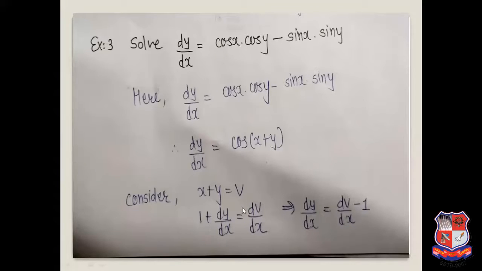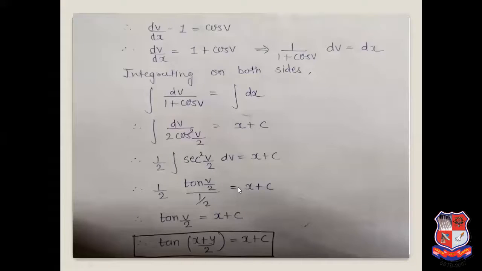Now substitute all these values in this equation. So dy by dx equals dv by dx minus 1, and cos(x plus y) is cos v, because we consider x plus y equals v. So our equation is dv by dx minus 1 equals cos v.